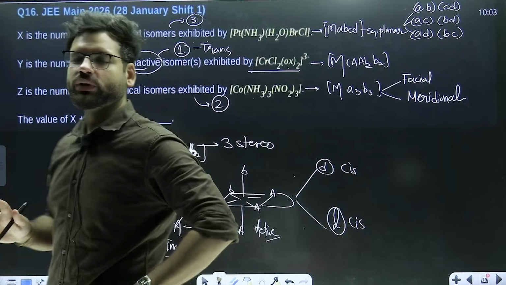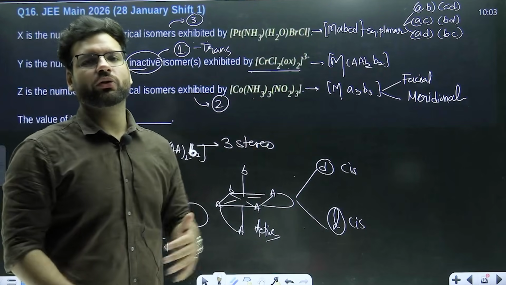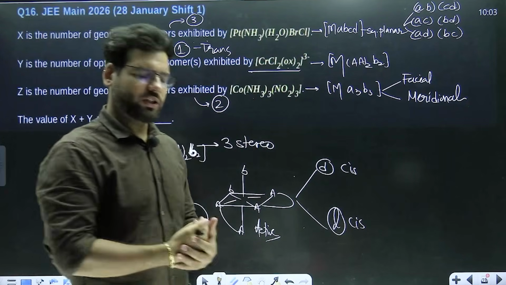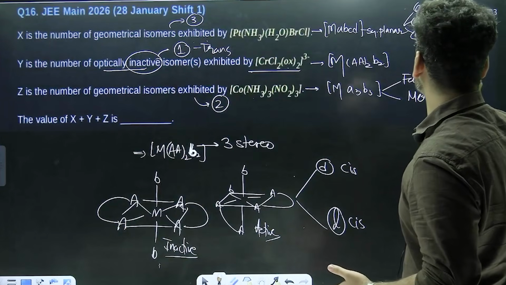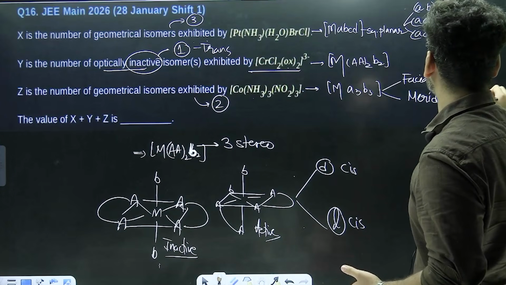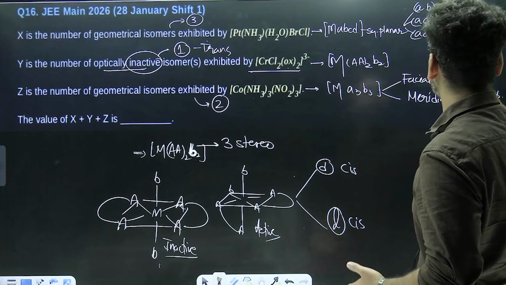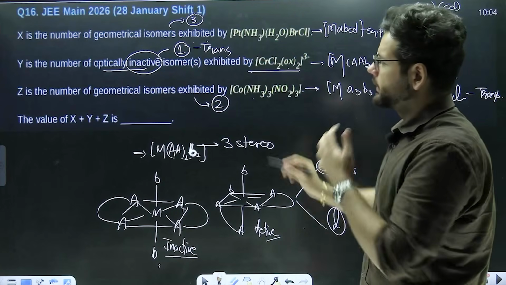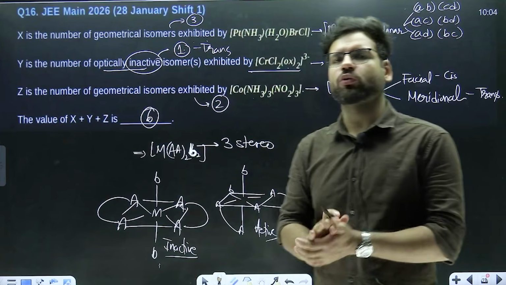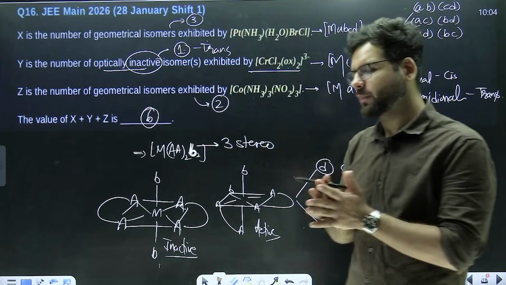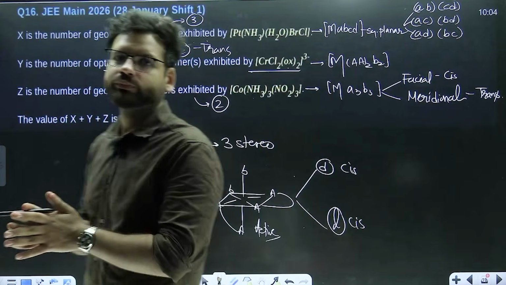It has two GIs. Meridional is also called trans. Facial is also called cis. So 2. 3 plus 1, 4 plus 2, 6. So they are saying total you have to tell. So total 6 is the X plus Y plus Z value. Right?